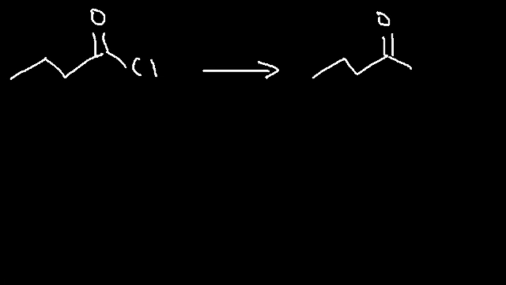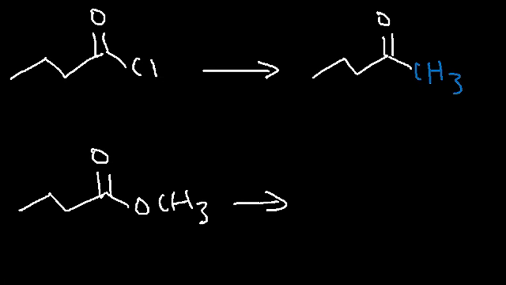So starting from an acid chloride or even an ester, how can we convert the acid chloride into a ketone? We know that a Grignard reagent won't stop at the ketone level. It's going to take it all the way to an alcohol. But what if we wanted to stop at the ketone level? Or what if we want to take an ester and convert it into the aldehyde level?